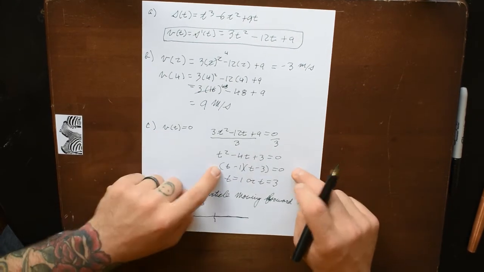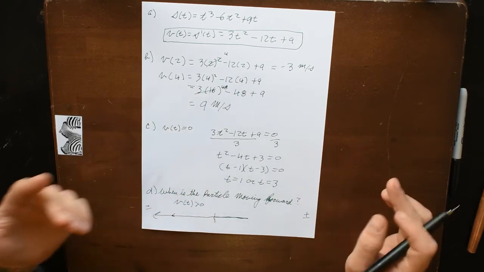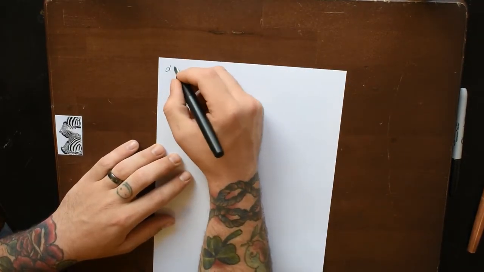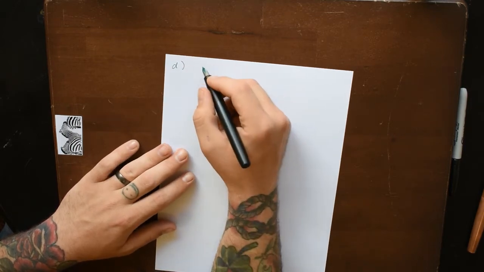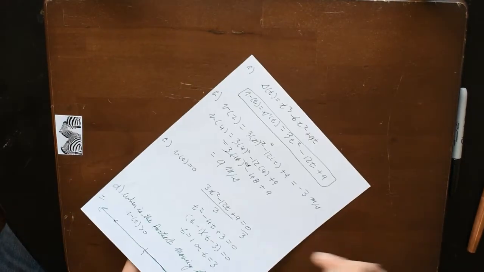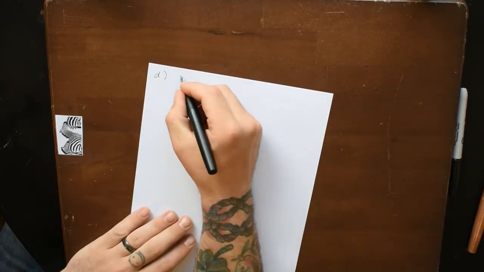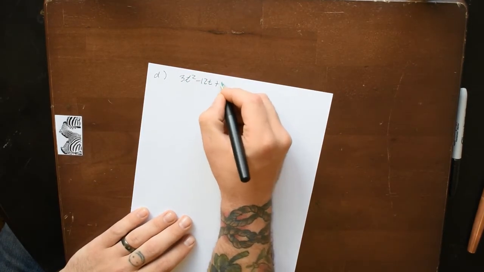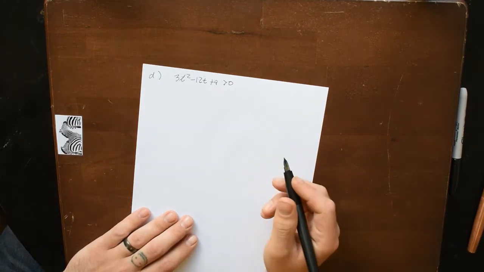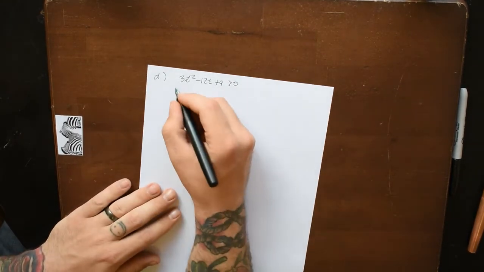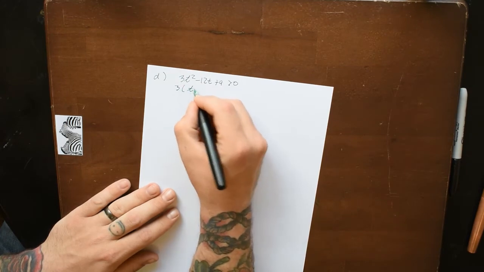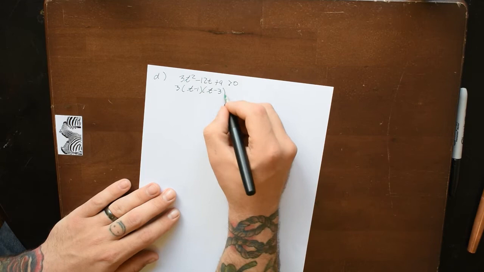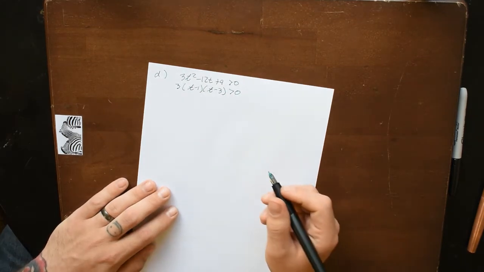That means we want to take the velocity and figure out when it's positive. This is going to be D continued. We want to figure out when velocity, 3t squared minus 12t plus 9, is bigger than 0. We can factor out a 3, and we know the left-hand side will factor to t minus 1 times t minus 3 being greater than 0.